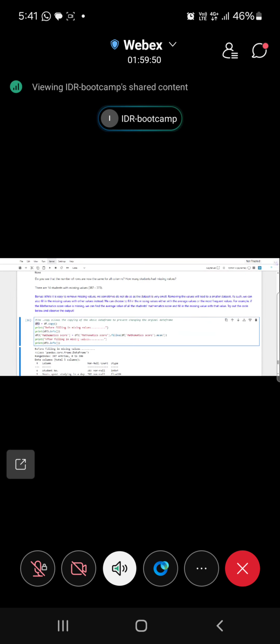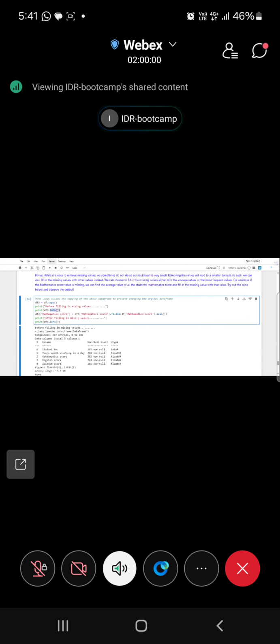Before filling in the missing values, you check what my data looks like, so you get the info, then you fill the values. So df3 of the score, dot fillna, the mean values.